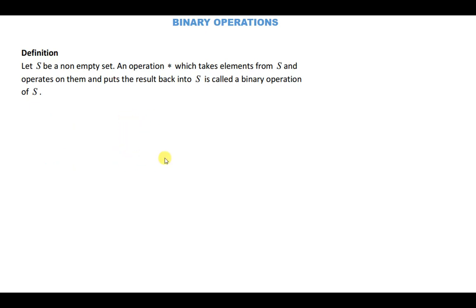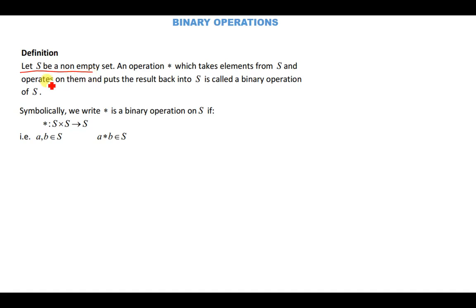So let's quickly move on. Symbolically, we can represent this statement. It says, let S be a non-empty set, and an operation star which takes elements from S, operates on them and puts the results back into S is called a binary operation on S. This is what I just talked about.